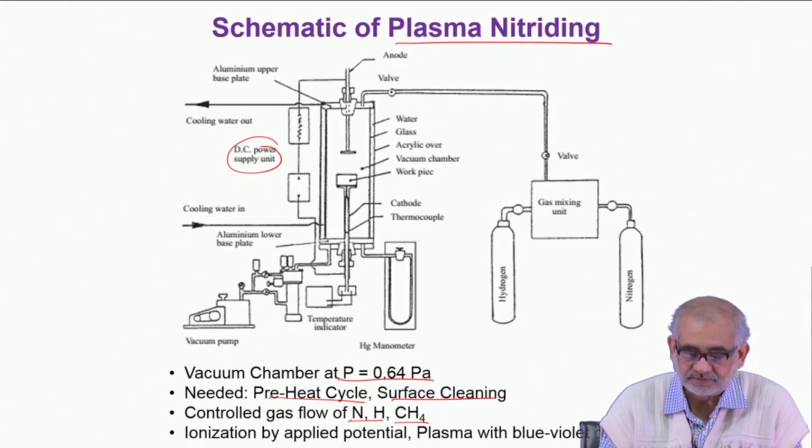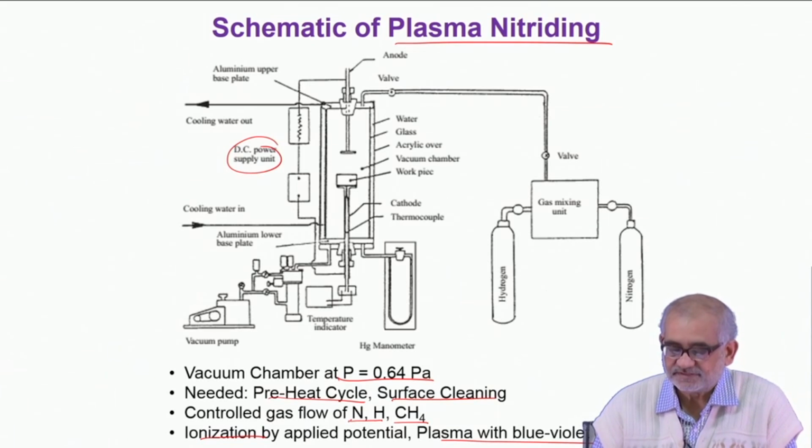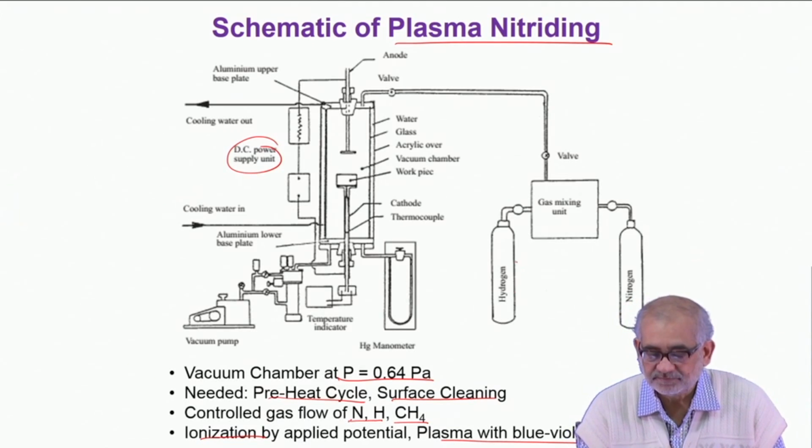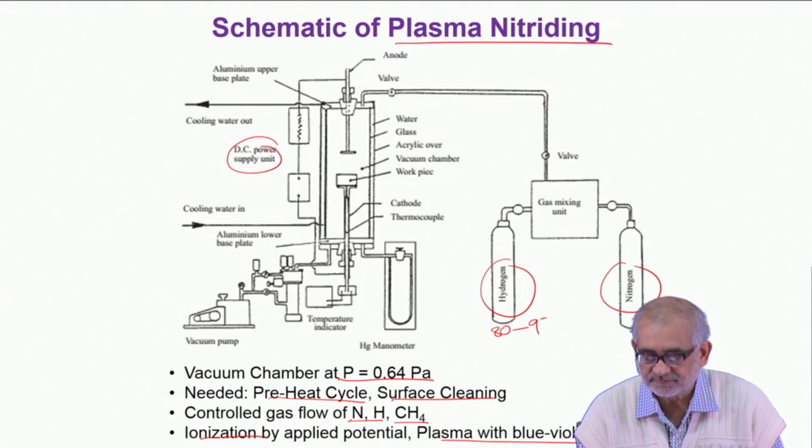difference between the electrodes at very low pressure causes ionization, and then we create the plasma, which has a typical blue-violet glow. This mixture, nitrogen and hydrogen, the hydrogen amount could be anything from 80 to 95%, and nitrogen is typically about 5 to 20%.